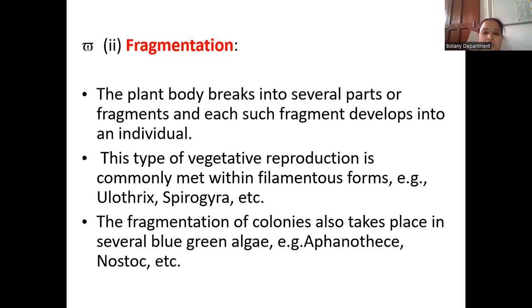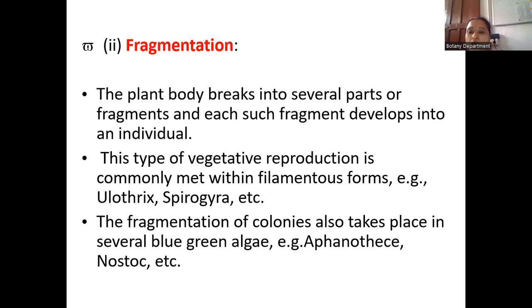Sometimes you can observe fragmentation in colonies also. What is a colony? In the Chlorophyceae, Volvox is one colony. In the Myxophyceae, Nostoc and Aphanothece are both colonies. But the colonies of Chlorophyceae and Cyanophyceae are different.